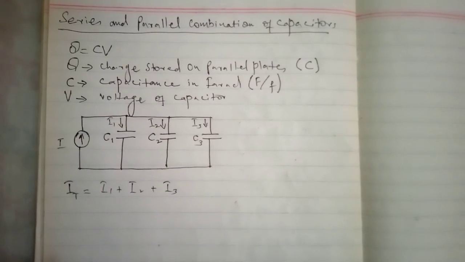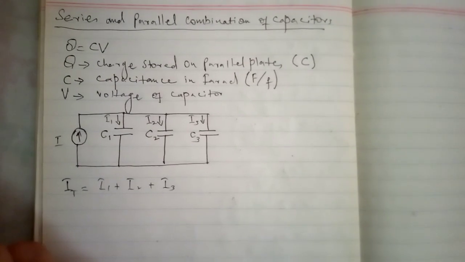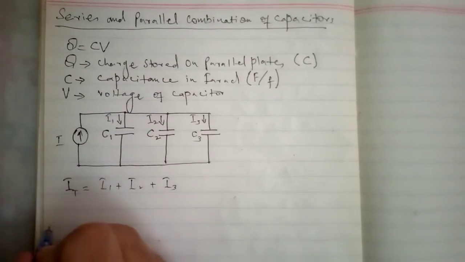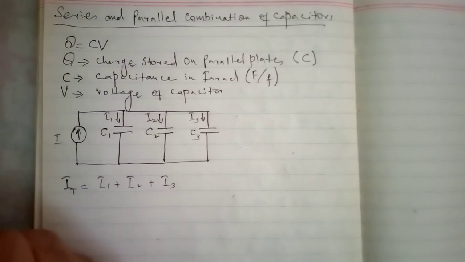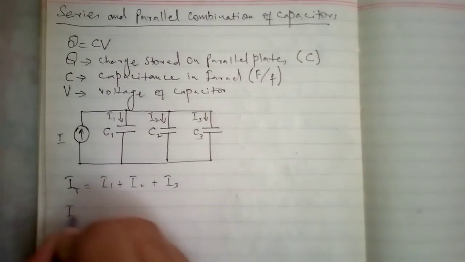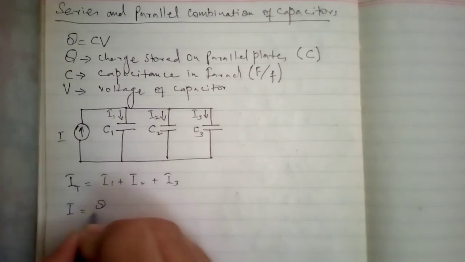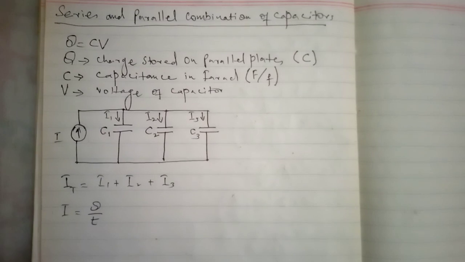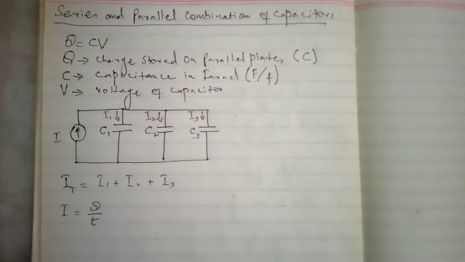Now, as we know, the formula of current in terms of charge is I is equal to Q upon T. Current is equal to charge divided by time.